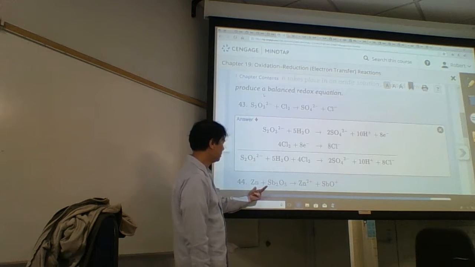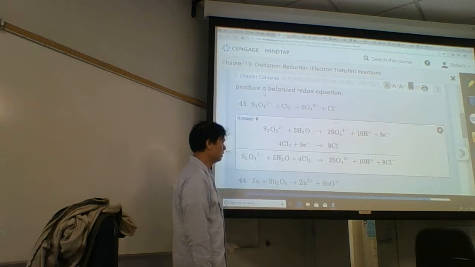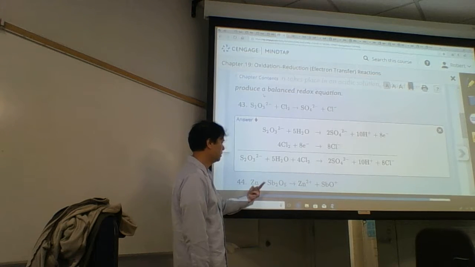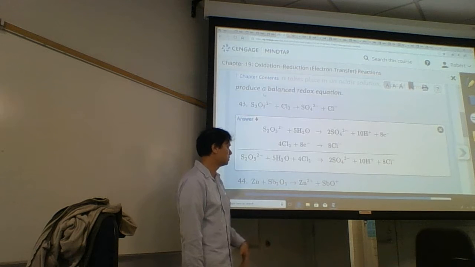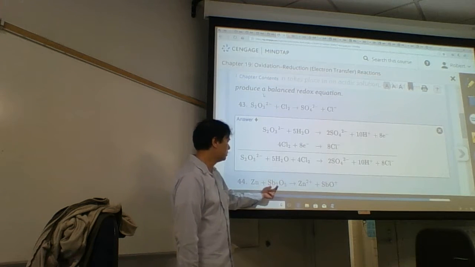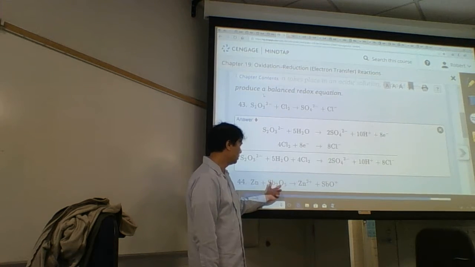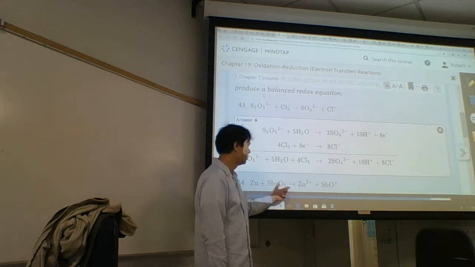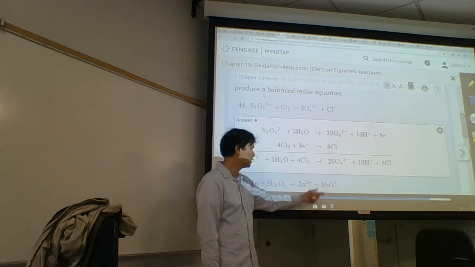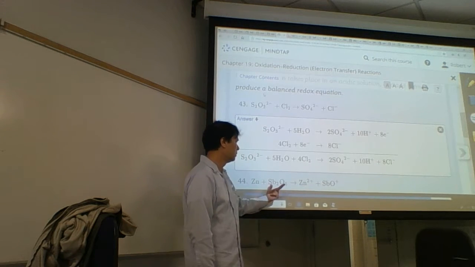So that's this type of thing. For example, zinc. Zinc is in the redox chart, so we could easily get the half reaction. The half reaction of zinc goes to Zn2+ plus 2 electrons. Done. Then this one, this antimony oxide, Sb2O5, goes to this weird ion here, SbO+. Where did that come from?